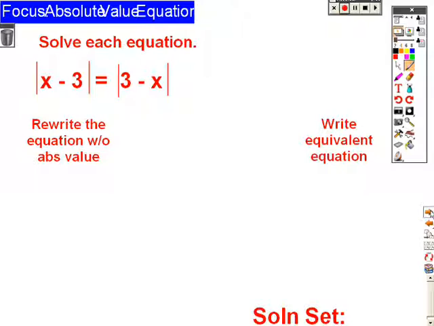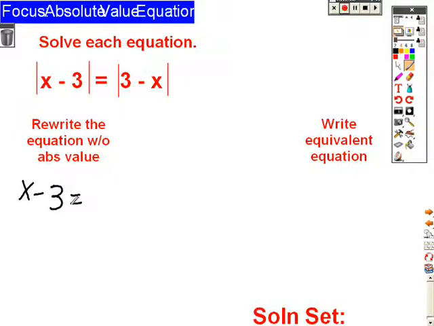You have something that looks a little strange, like this particular problem. We have absolute value on both sides. If you notice, the absolute value on the left is just hanging out there by itself. There's nothing being added, subtracted, multiplied, or divided. So I do not change the left.